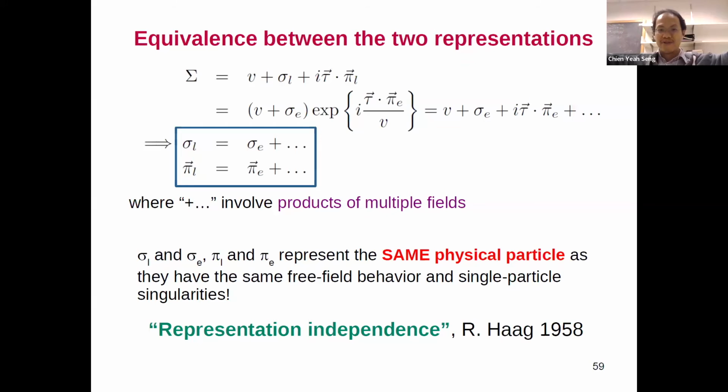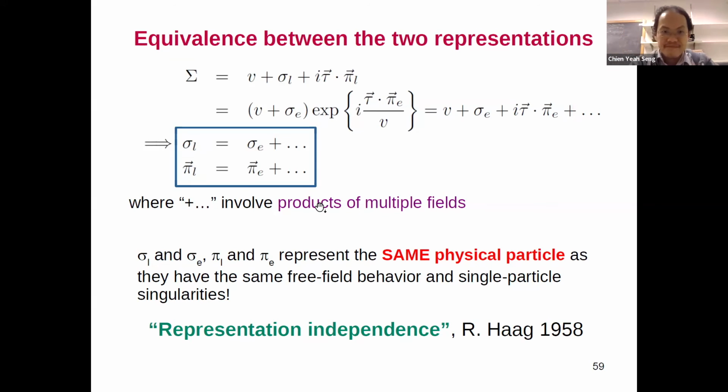And when they are well separated, we are only interested in the single particle singularities. And so these two terms will have the same single particle singularity, because the term which involves the product of fields does not contribute in the asymptotic state, when the particles are well separated.